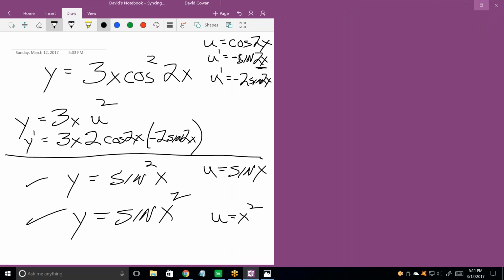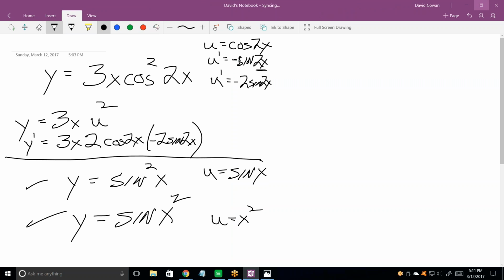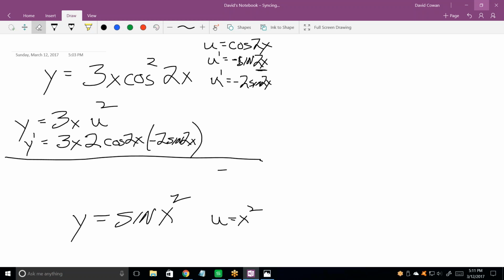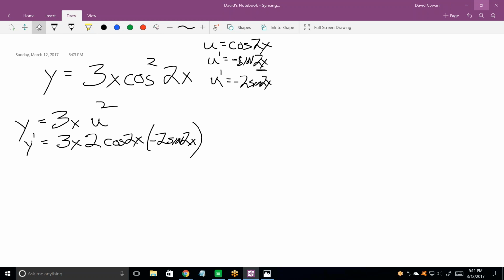Now, we still only have part of the problem done. Let me erase this stuff at the bottom here. These two are extremely important. Make sure you understand why the inside in this one is sine x and why the inside in this one is x squared. All we did was the first part of the product rule, right?